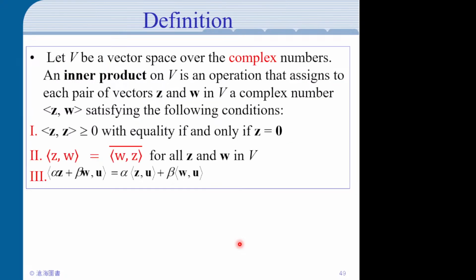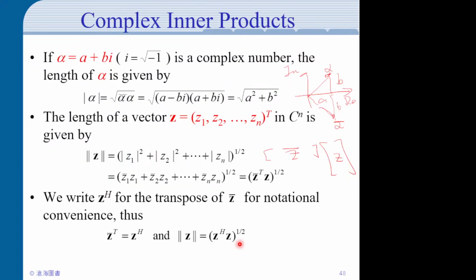So if this norm is defined by the inner product, then the inner product should be like <z, z>.